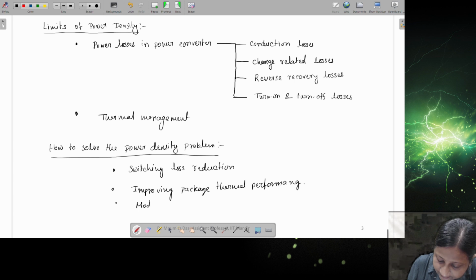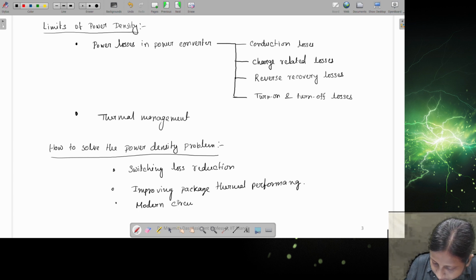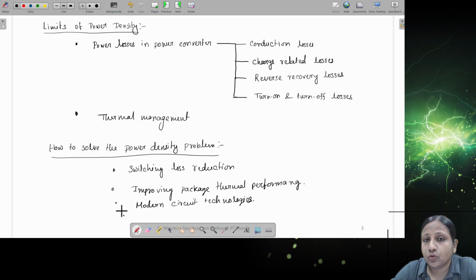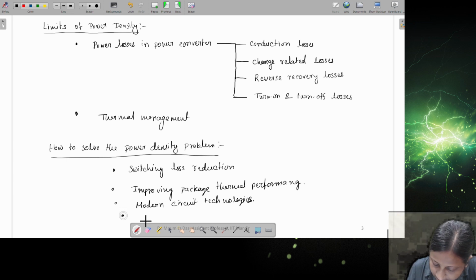This all I'll discuss in detail. And then go towards integrated kind of solution, integrated circuit solution.